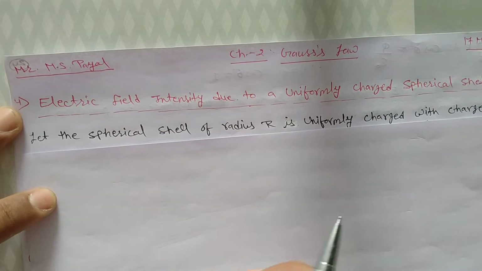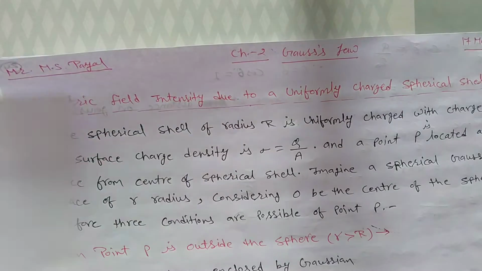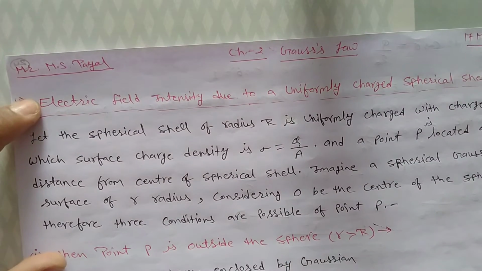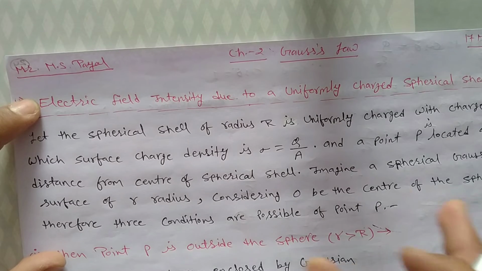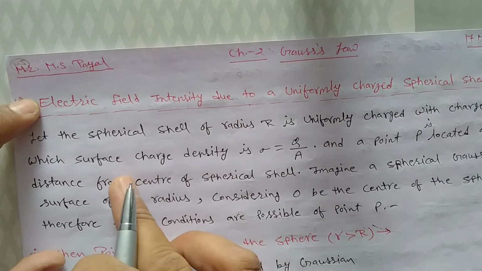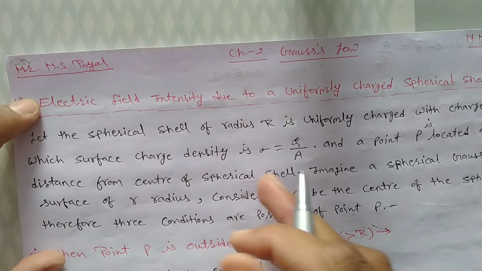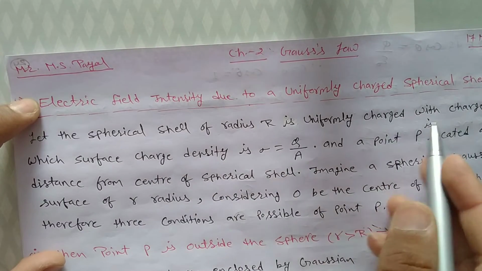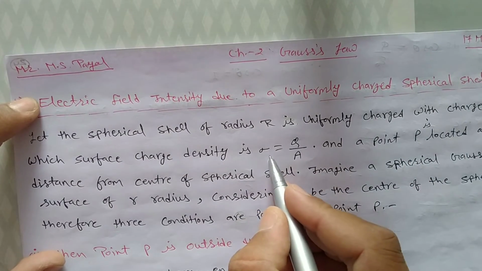Suppose we have a spherical shell of radius capital R uniformly charged with charge capital Q. Then the surface charge density of this spherical shell is sigma.